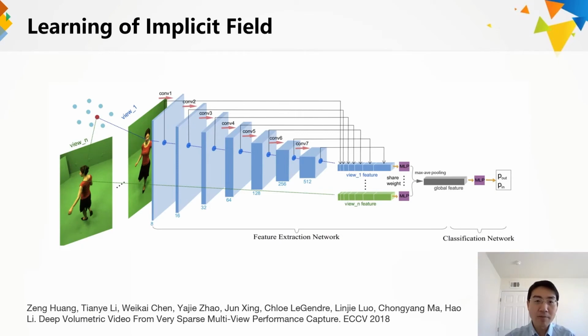For each point and each view, we can find its corresponding matching point in the image. We use neural networks for feature extraction, and we combine different views together to get the global feature. And finally, we have a classification network to classify this point as inside or outside.